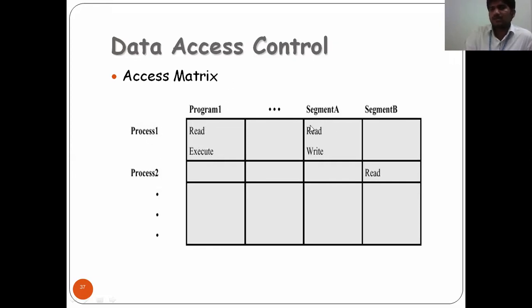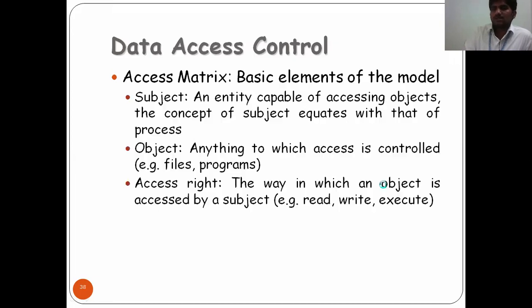The same process one can read and write segment A. So this is one list, this is another list, and then process two can read segment B. So that is three different lists.